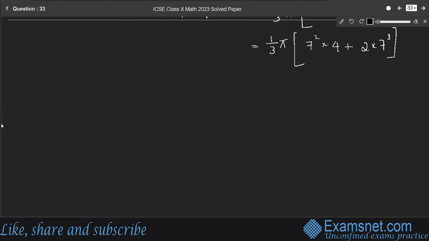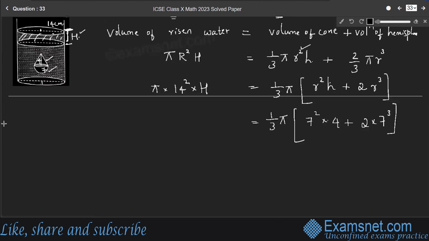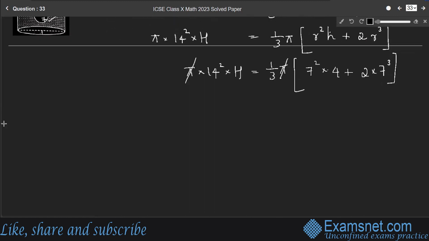Just to simplify this, we can cancel pi and pi here, right? Therefore, on the RHS, you can take out 7 square by 3. So 4 plus 7 into 2, 14.